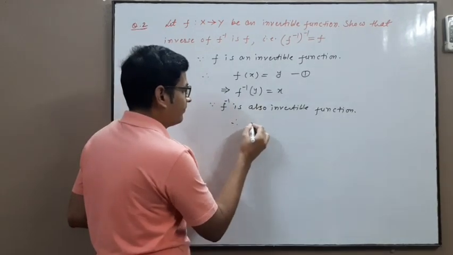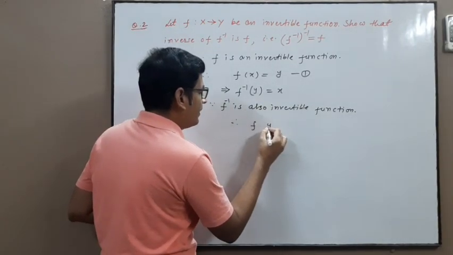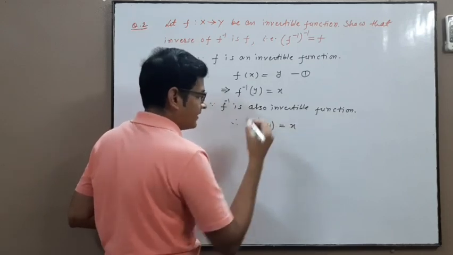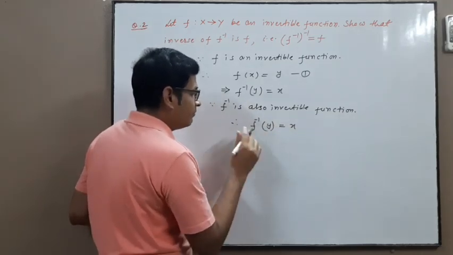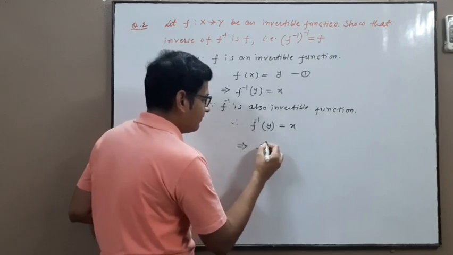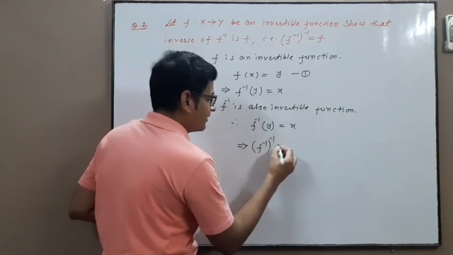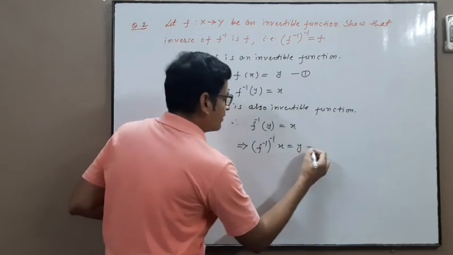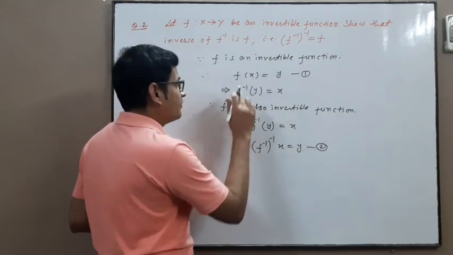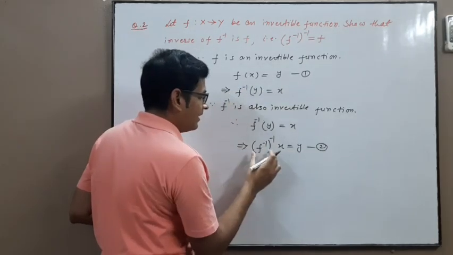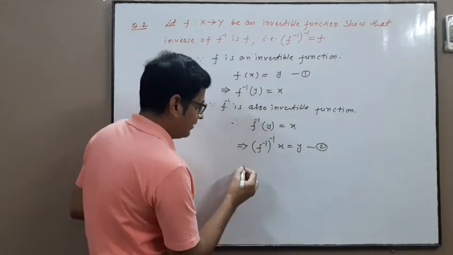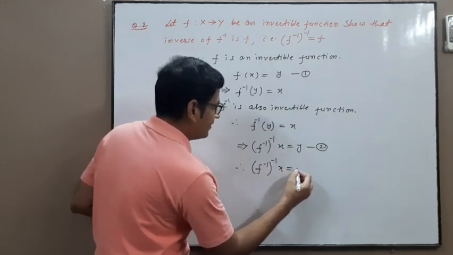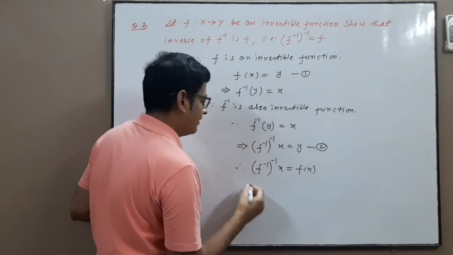Therefore image of y under f inverse equals x, then the pre-image means f inverse inverse of x equals y. Again by definition, call this equation number 2: f(x) equals y, or here f inverse inverse of x equals y. Therefore f inverse inverse of x is equal to f(x). Hence proved.